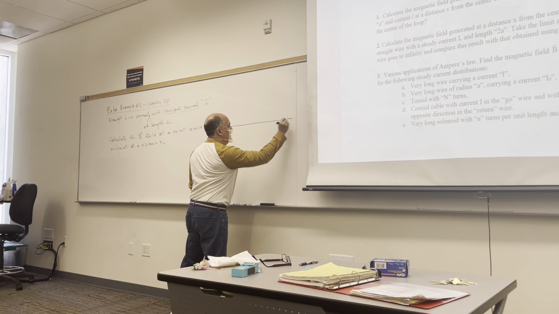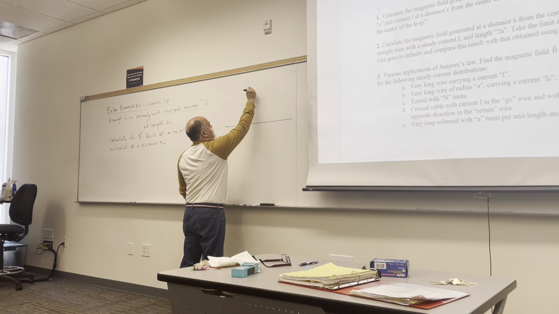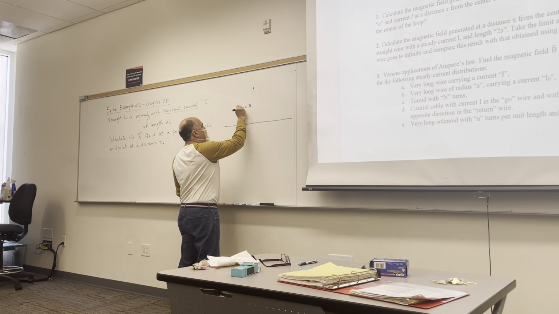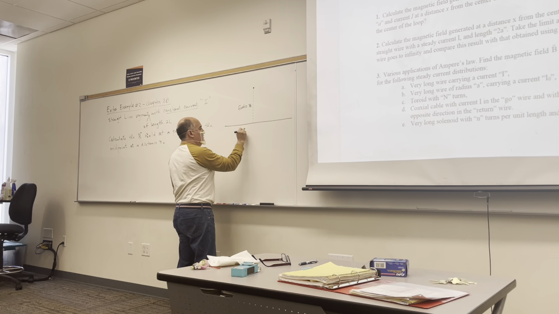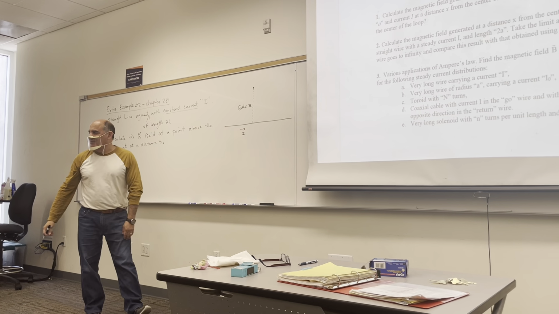Here's the line segment. I want to know what is the magnetic field here at a distance Z, which is fixed. There's a current I this way, and the length of this line segment is 2L.